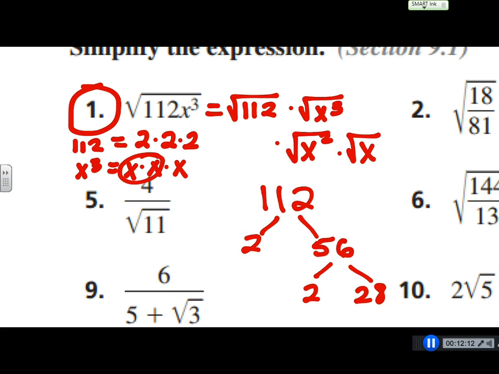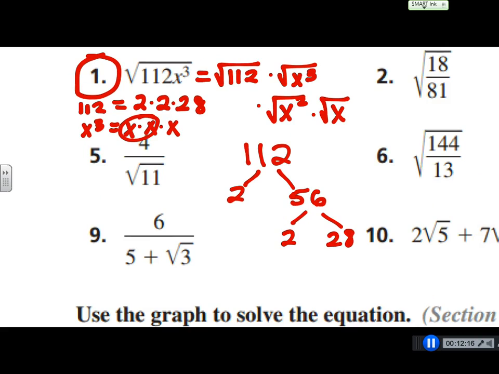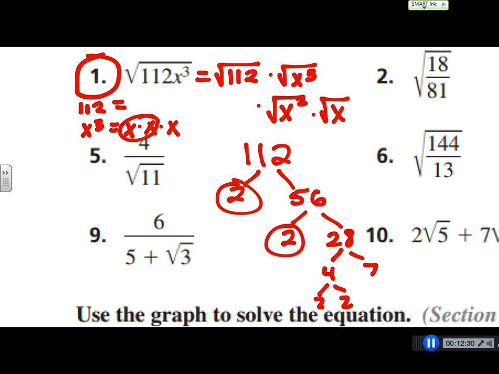Can't we break down 28 even more? Okay, hold on. Maybe we shouldn't have just stopped there. 28 is 4 times 7, true? And 4 is 2 times 2. How to factor? You divide and keep dividing, right?